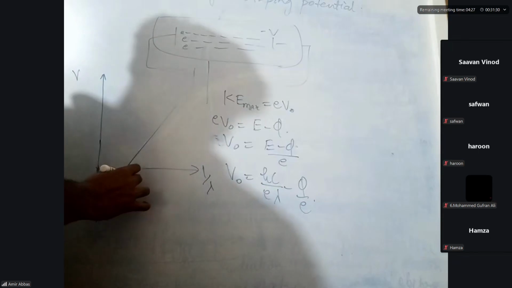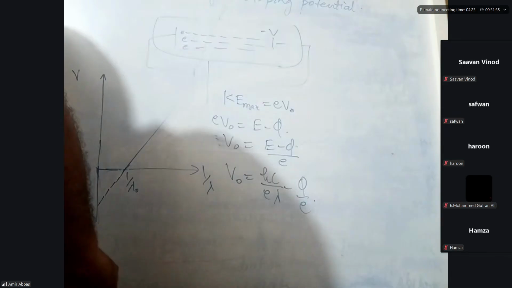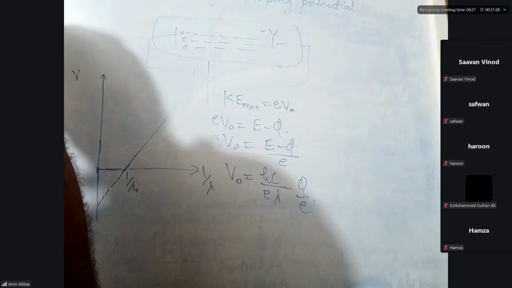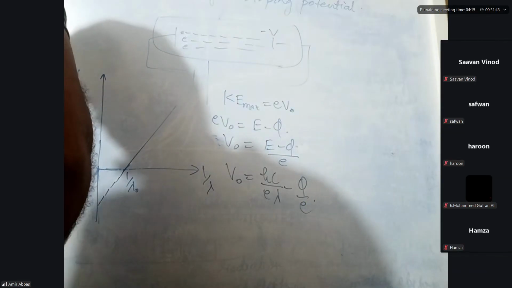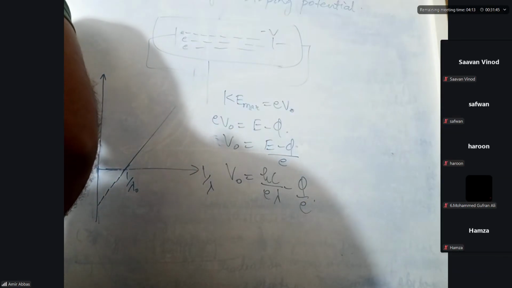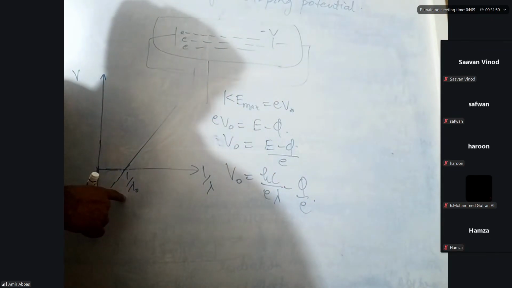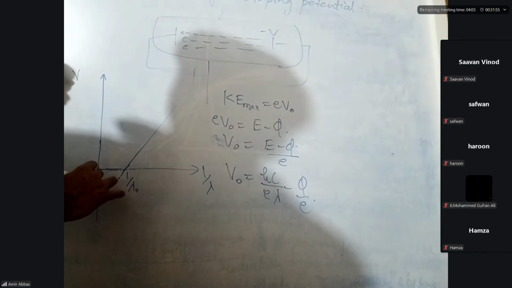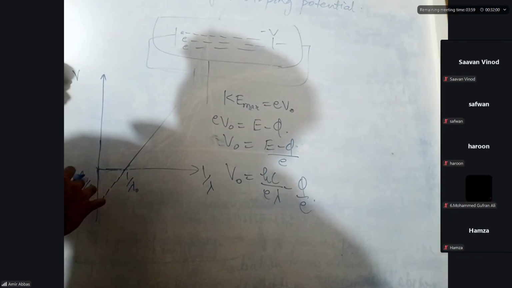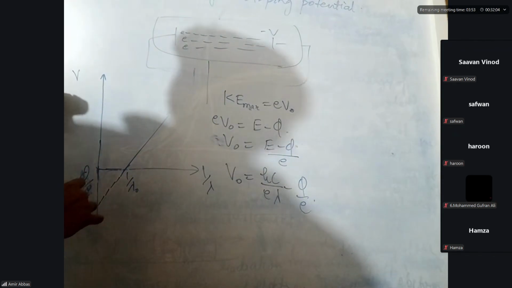Where this is 1 by lambda, or the incident frequency, threshold frequency, we can see. This is the work function by e, or phi by e, the intercept. Phi by e.